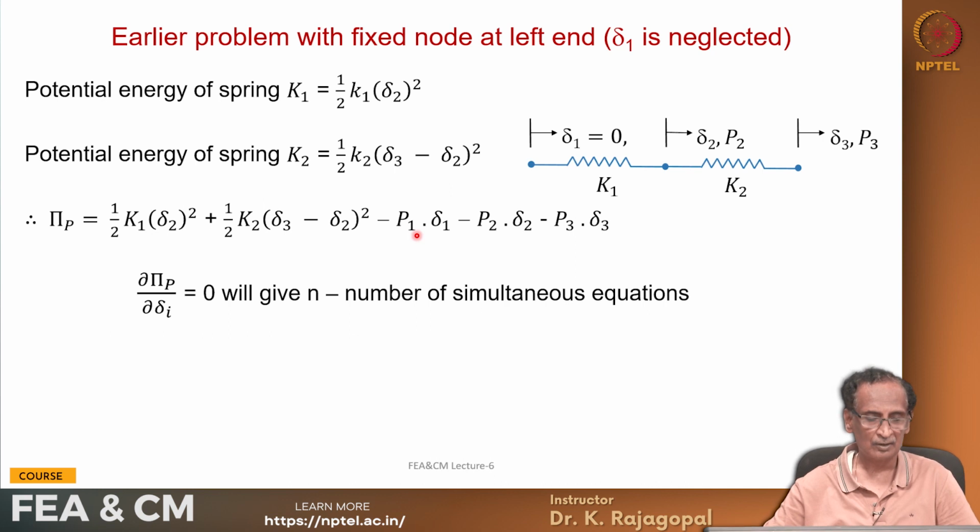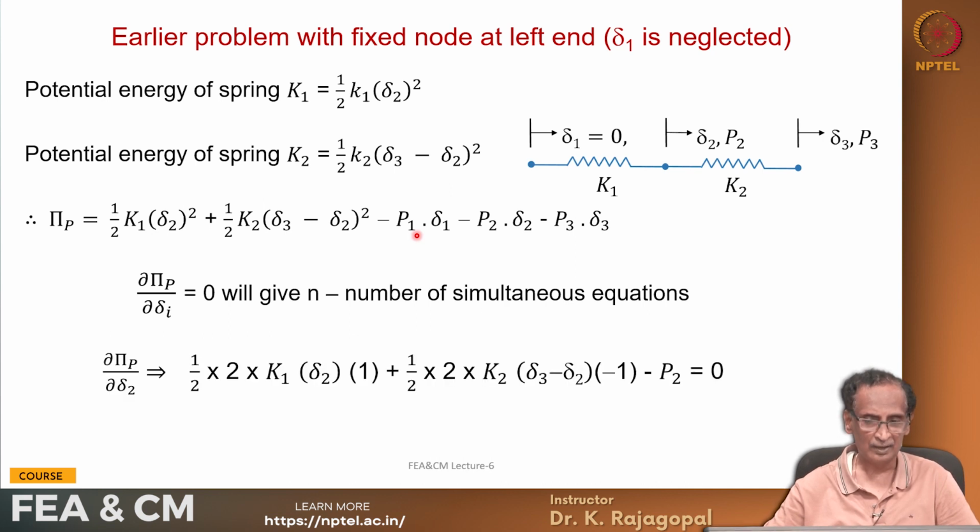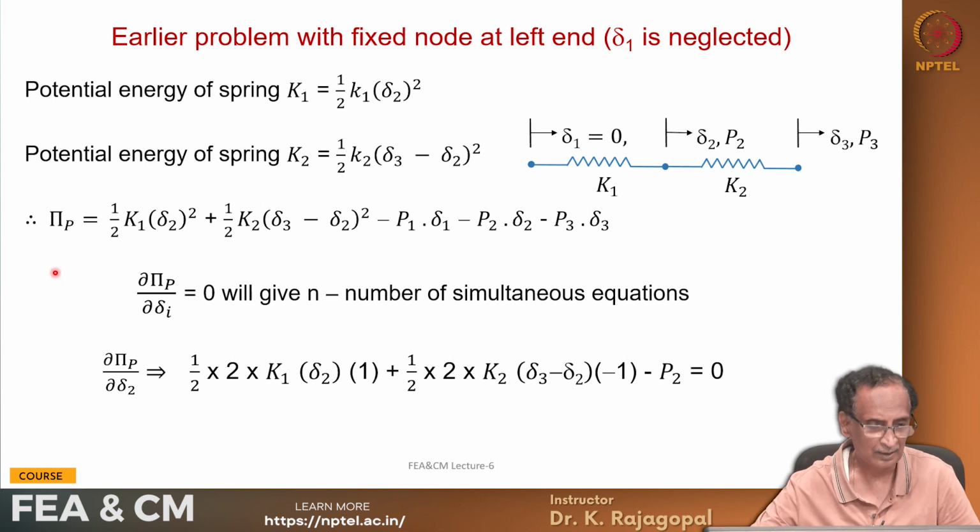And so, once again we can differentiate this with respect to different degrees of freedom, okay. And so, for dou pi by dou delta 2, delta 1 is not a variable anymore, like actually p1 delta 1 you can set it to 0 because it's a known quantity.